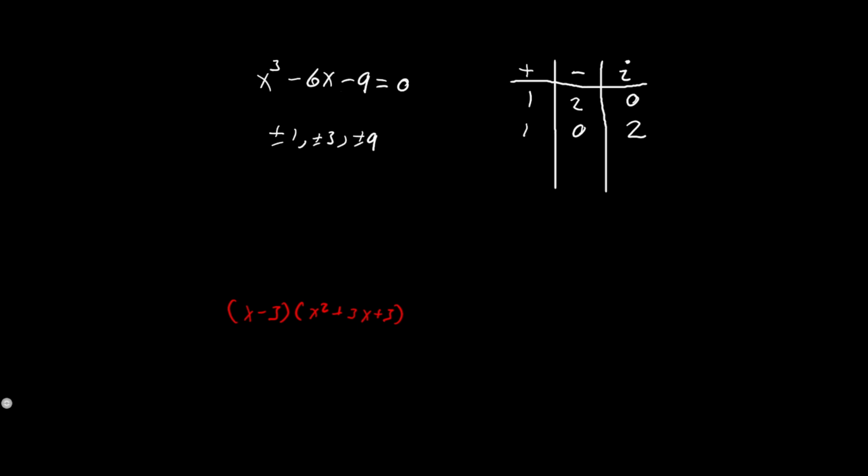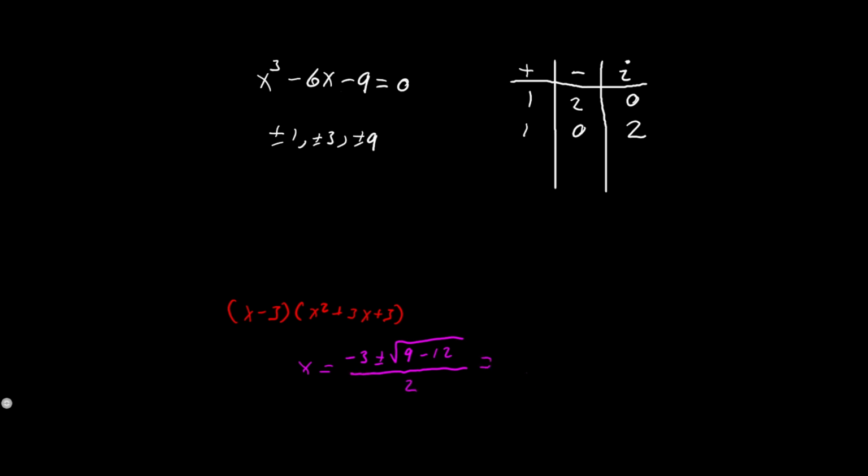And seeing this now, we can go ahead and try to factor it out. And if we try, we see that there's going to be no real solutions that make this equation true. So we're going to use the quadratic formula, giving us x is equal to negative 3 plus or minus the square root of b squared, which is 9, minus 4 times AC. 4 times 3 is 12, all over 2a.